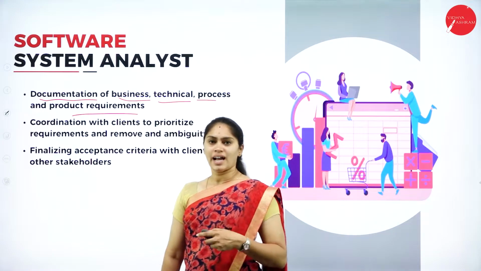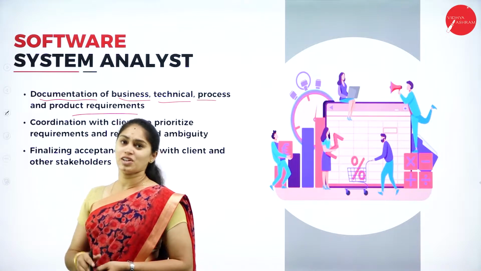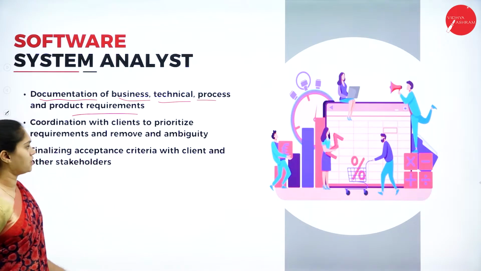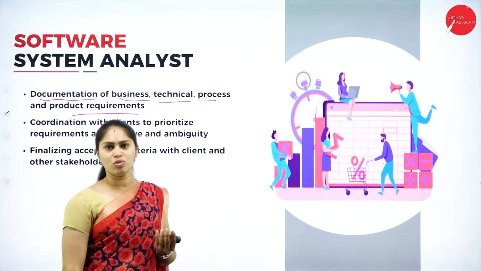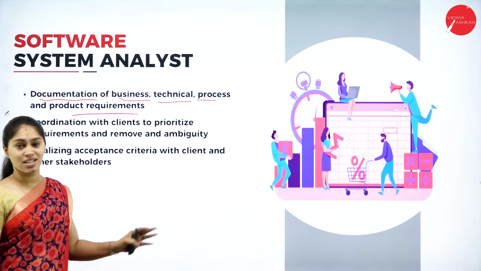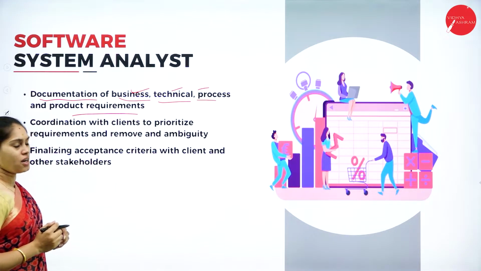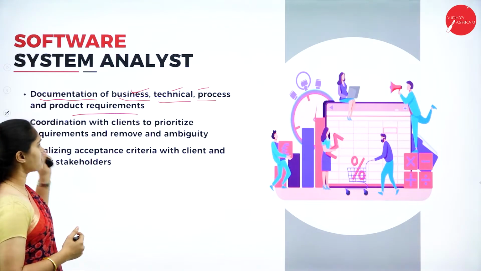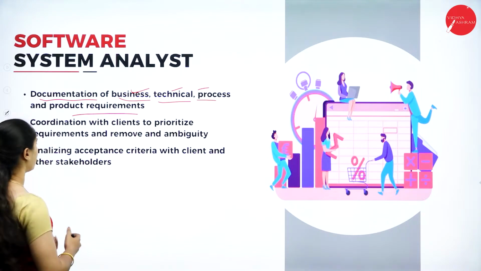The user at last should not say, "I didn't tell you this requirement but you incorporated it," or "We told you that requirement but you didn't incorporate it." In order to minimize such difficulties and remove ambiguities, they need to document all the requirements related to business, technical, process and product. If we have all the requirements in documentation, then we can track them easily. That is the reason.